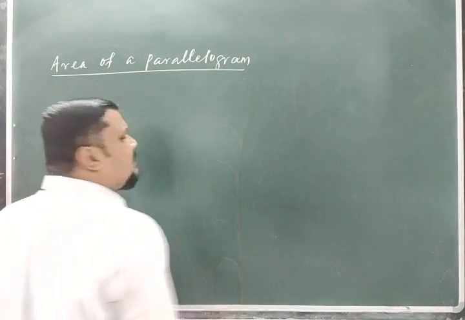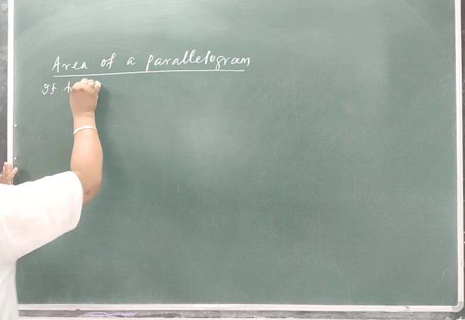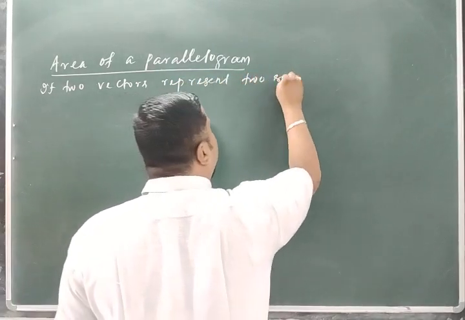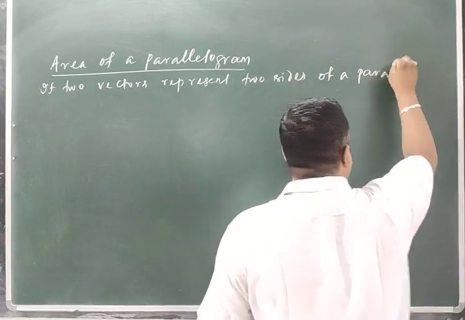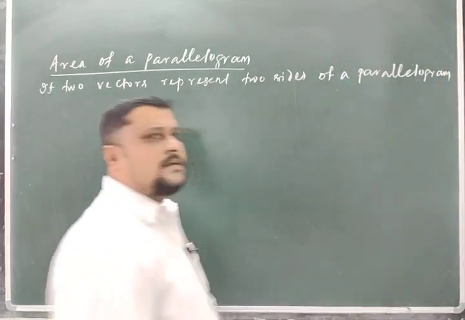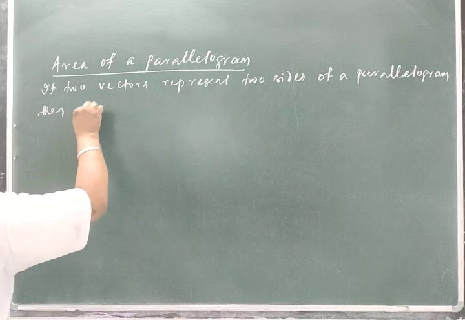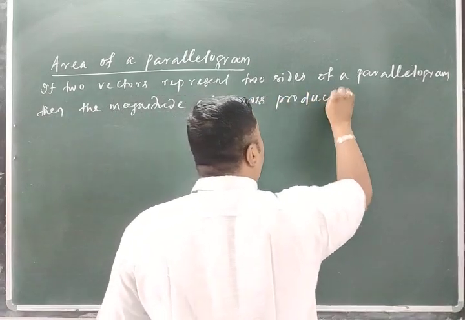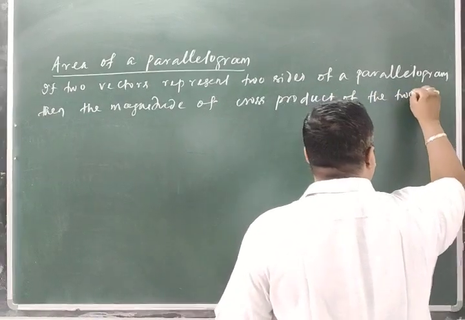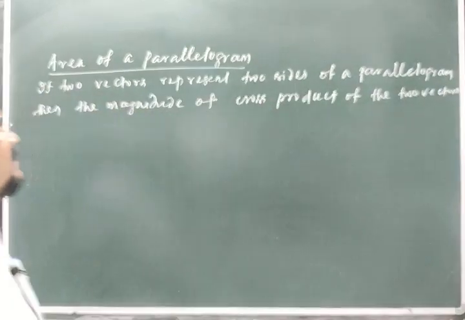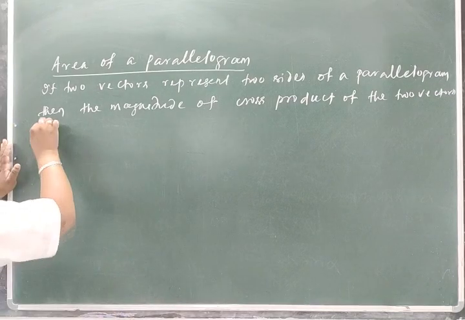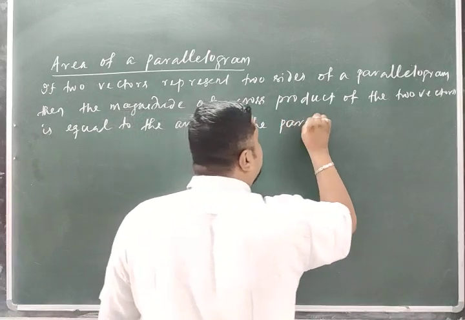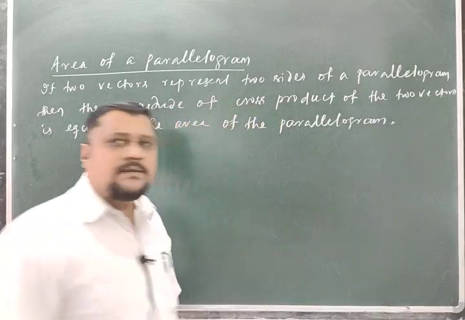So what this says: if two vectors represent two sides of a parallelogram, then the magnitude of the cross product of the two vectors is equal to the area of the parallelogram, that we have to prove.